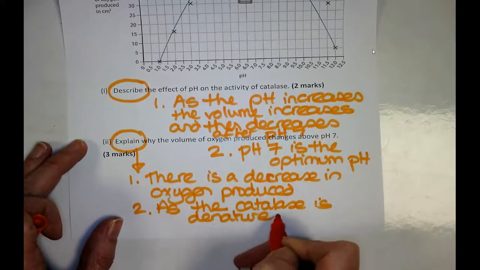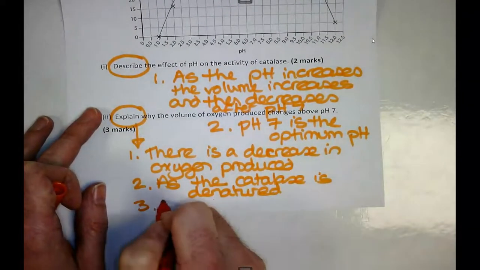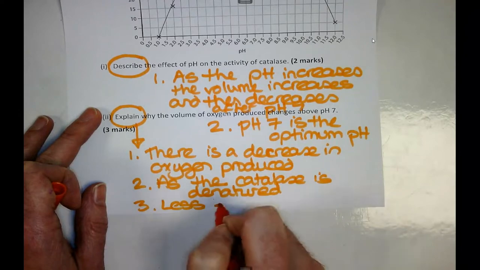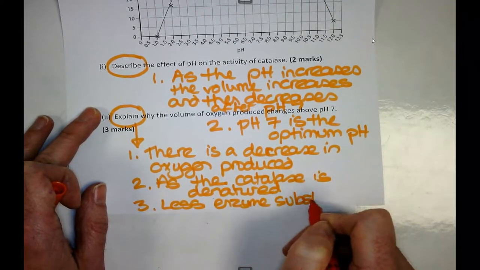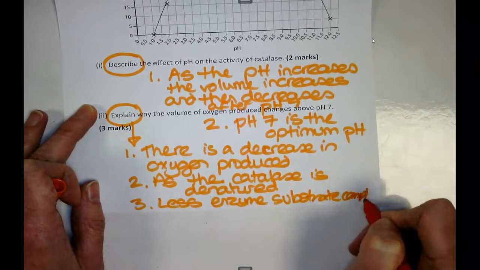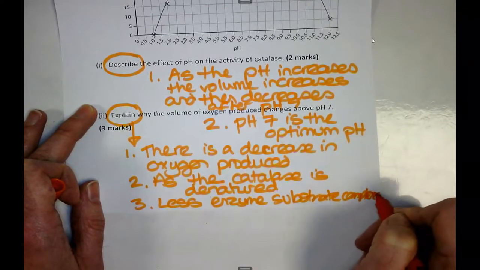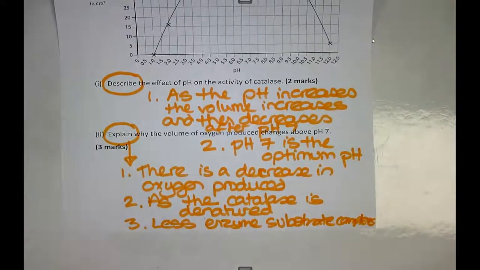So what does that mean? The enzyme's active site changes shape, so you've got less enzyme substrate complexes. There we go. So do keep an eye out for those two keywords, describe and explain.